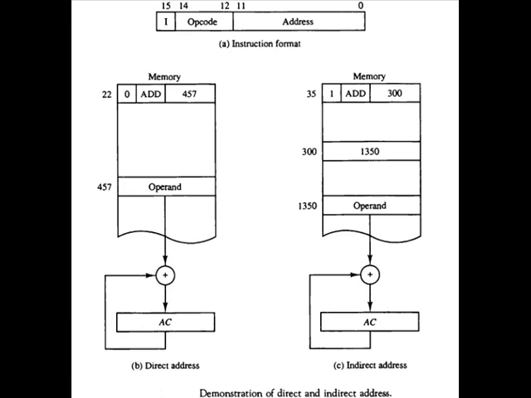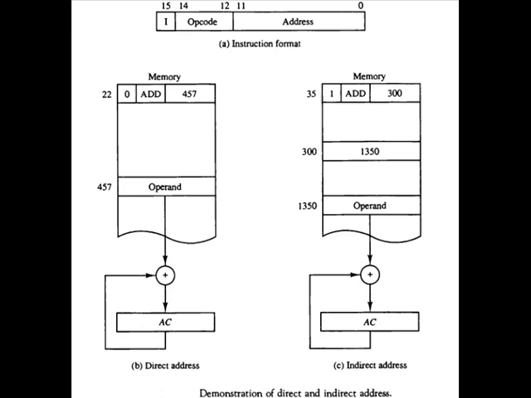The two diagrams represent how the direct and indirect address work. In the first diagram, the instruction for the add operation is stored at memory location 22. It is ADD 457. That means adding the content of the memory at 457 with the accumulator register.